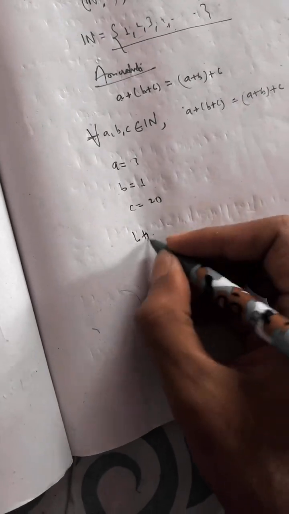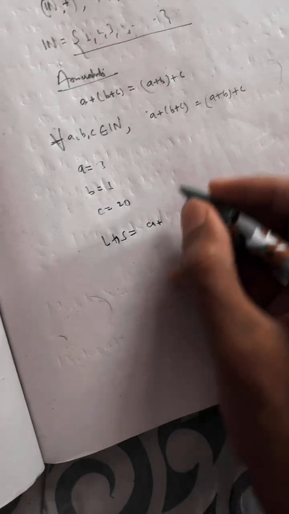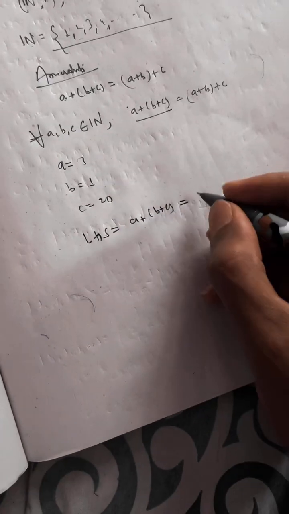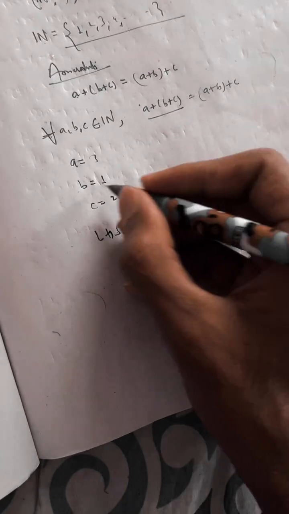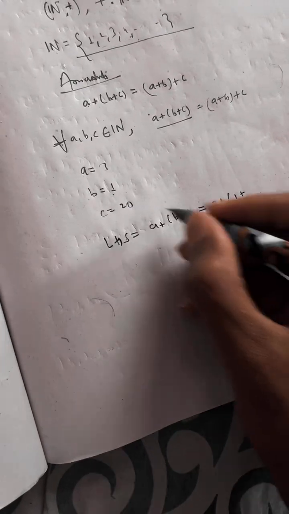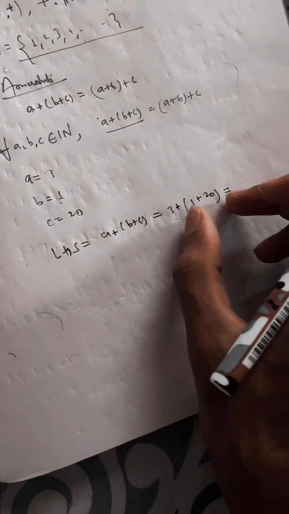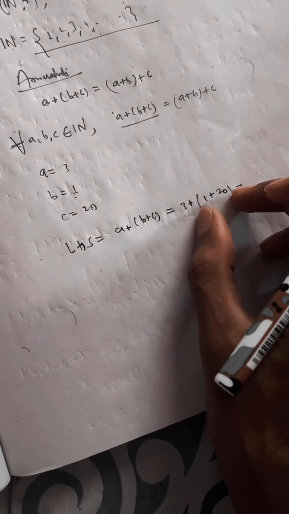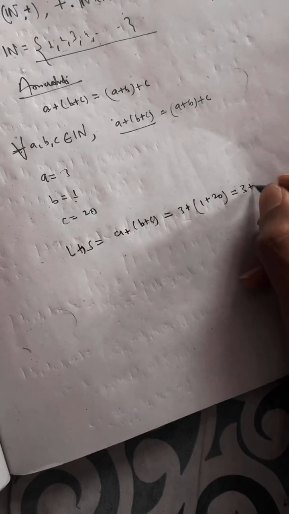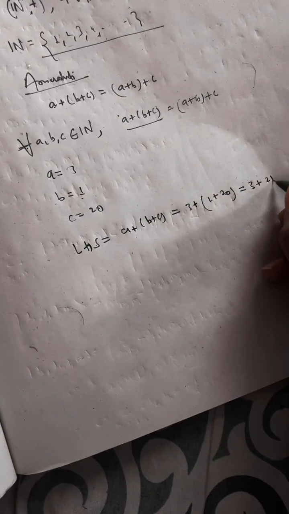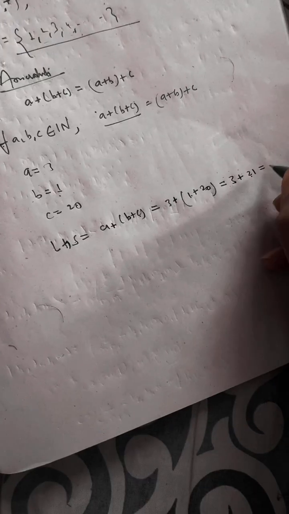First, LHS is (A + B) + C. Substitute the values: (3 + 1) + 20. Now we evaluate it. First we evaluate the expression under the bracket, so 3 + 1 is 4, and now we add 20 and we get 24. So this is our LHS value, 24.